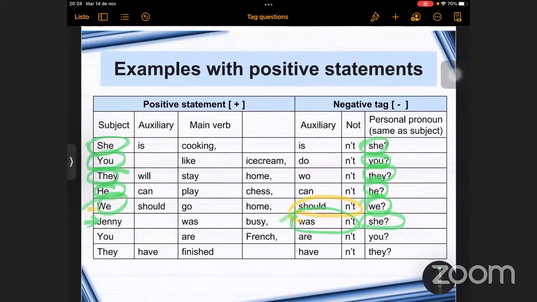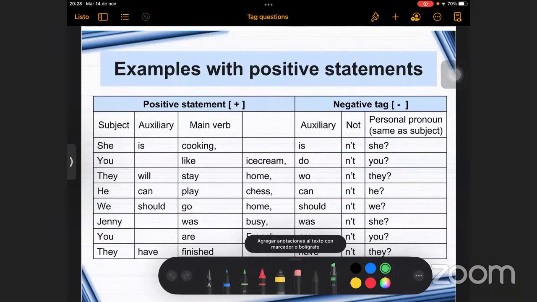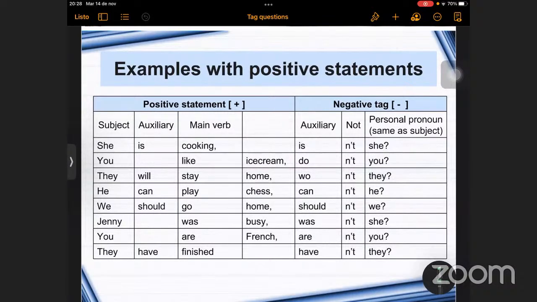In "you are French," the "are" is the auxiliary? Yes, but remember, this is only a simple question with verb to be, okay?